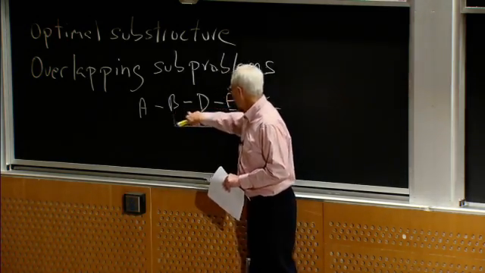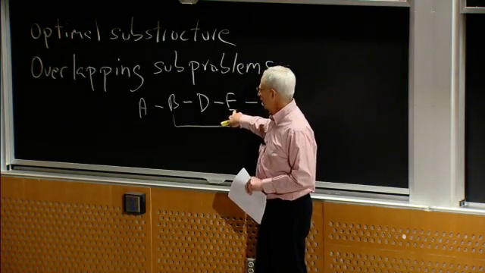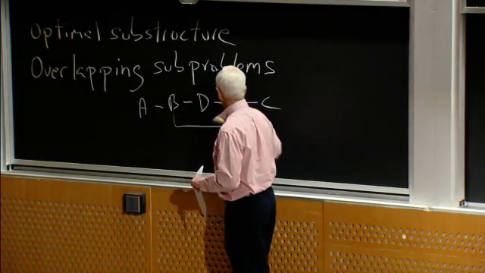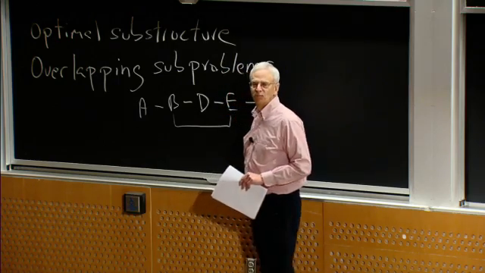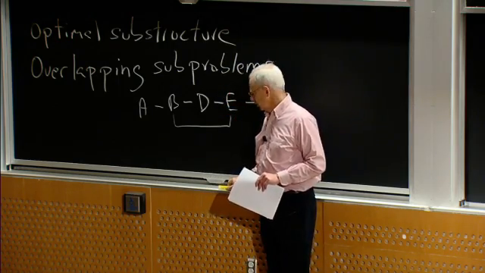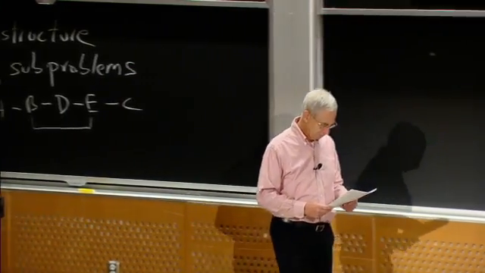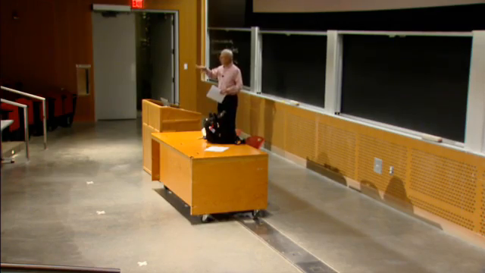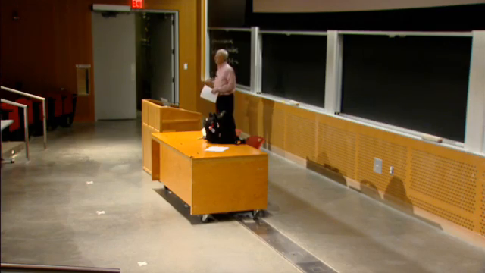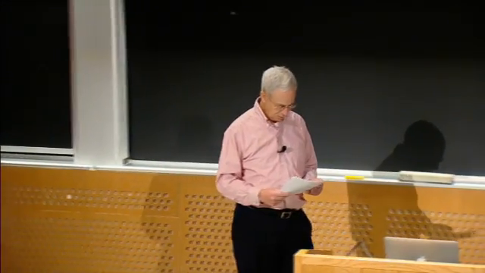If there were, for example, a link directly from B to E, then the shortest path from A to C would not have included this. So that's the optimal substructure I have, and that's the substructure that I exploited last time in showing you the dynamic programming solution to the shortest path problem.